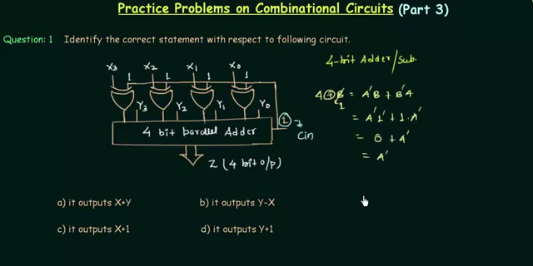That's why we call it as a controlled inverter. It is a different thing, you already know these things. So at this point I'm having x3 complement, here I'm having x2 complement, at this point x1 complement, and at this point x0 complement. So this is what we are getting as the output of the 4 XOR gates.